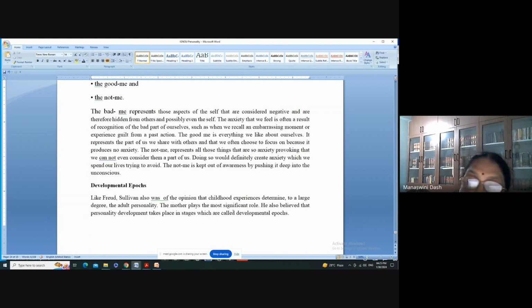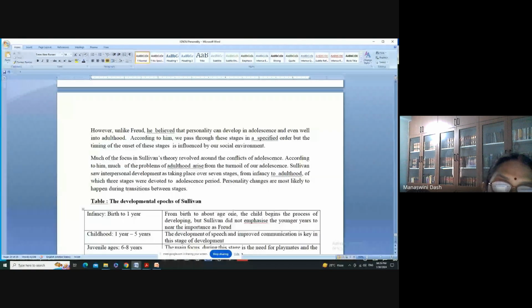But Sullivan named these developmental stages developmental epochs. In Sullivan's theory, there are 7 developmental epochs, or 7 developmental stages, we can say.